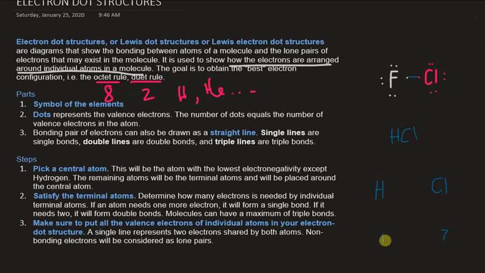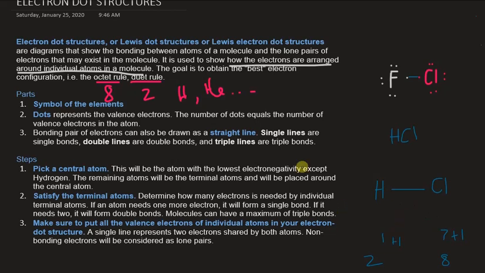And hydrogen wants to follow the duet rule. It needs 2 valence electrons. And Cl has 7 valence electrons, but it wants 8 following the octet rule. So hydrogen needs 1 more valence electron, and chlorine also needs 1 more valence electron. So in this case, they form a single bond.